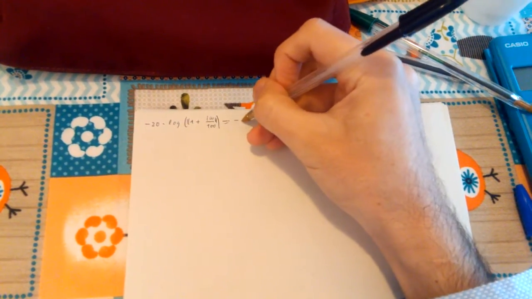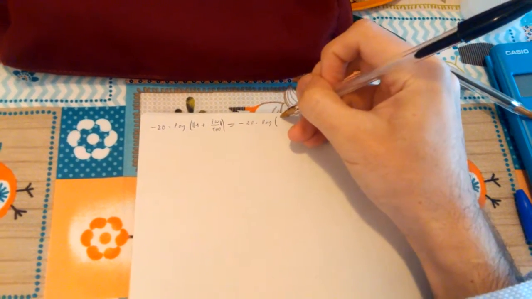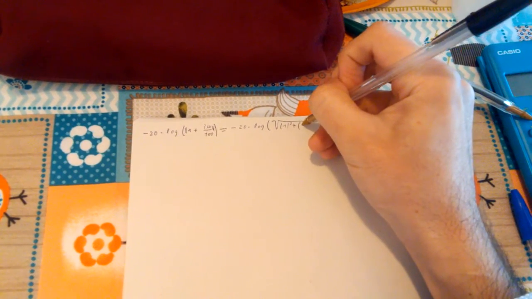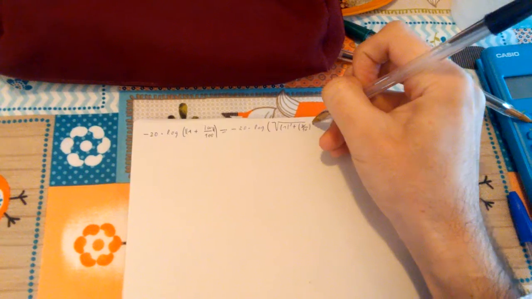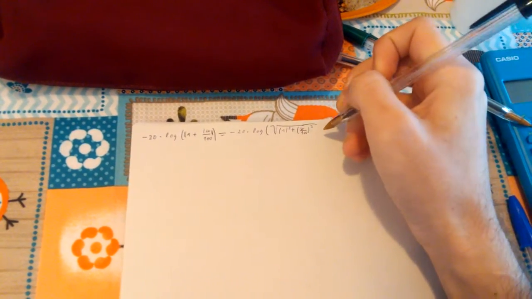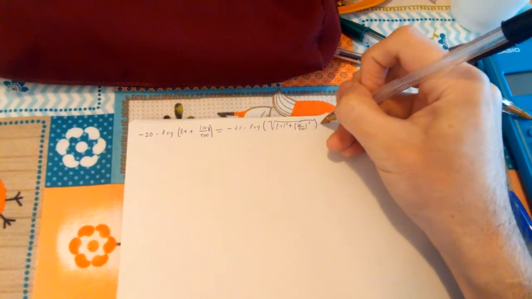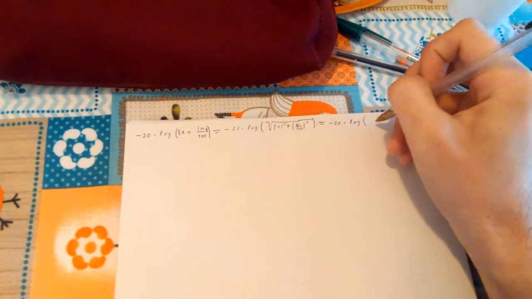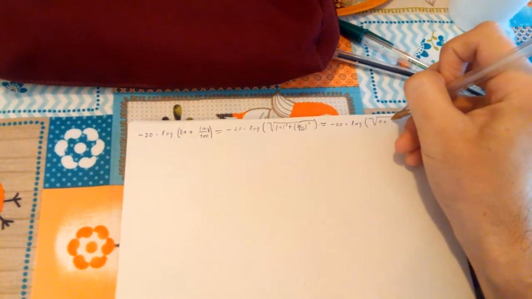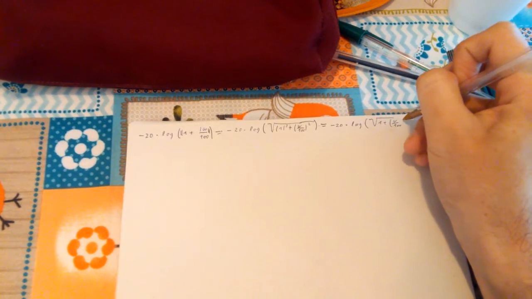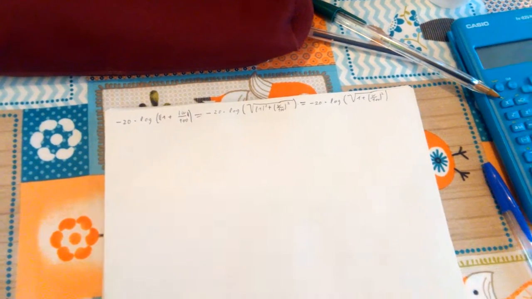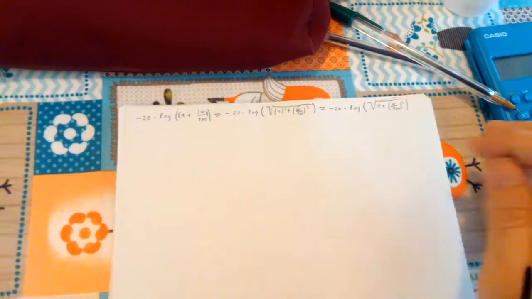So the norm of this one will be negative 20 times log of the square root of 1 squared plus omega over 100 squared. So we'll just say it's negative 20 times log of the square root of 1 plus, I'm going to leave this alone, omega over 100 squared. And again, I'm going to correct one more thing in my notes.